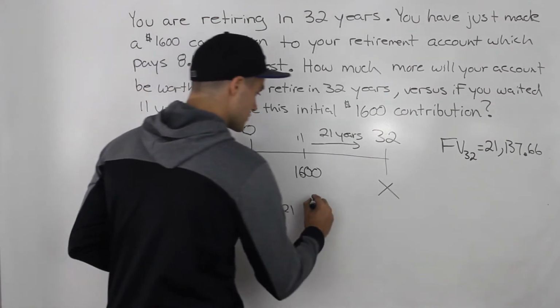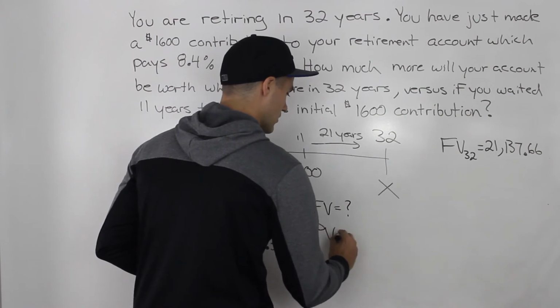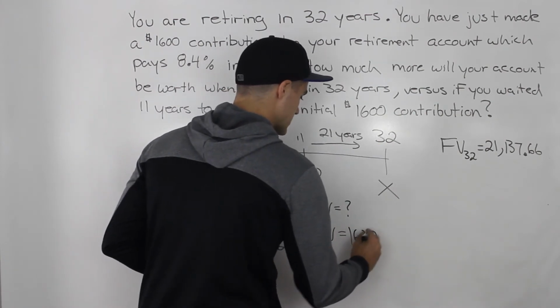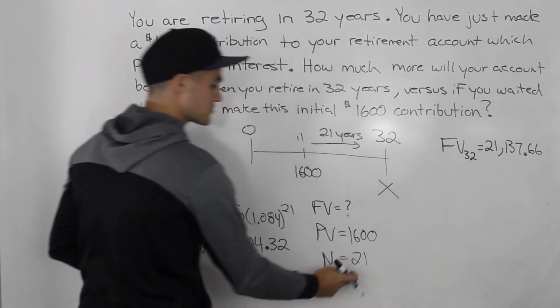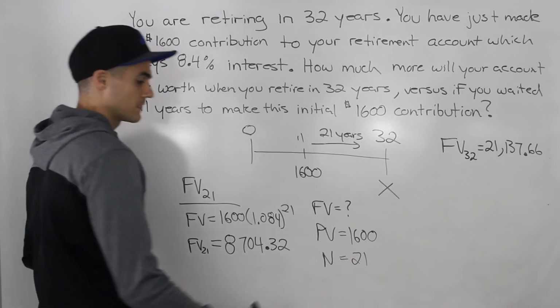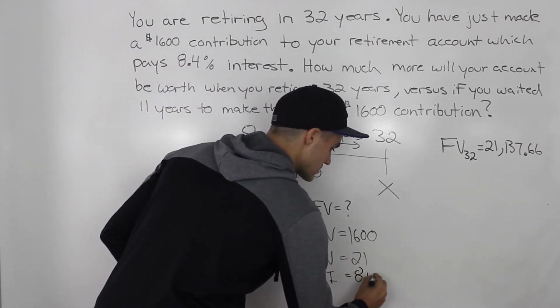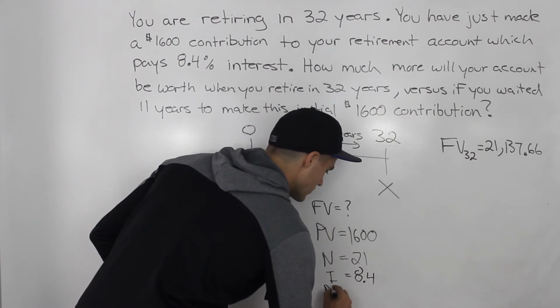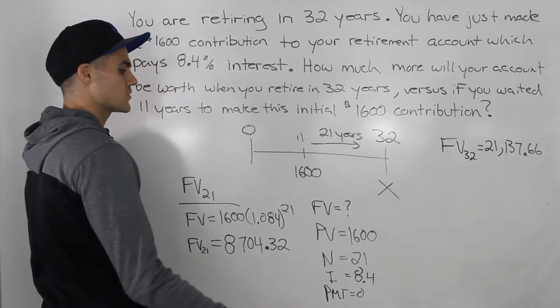Now, this is the algebraic way to do it. You can also use your financial calculator. So future value is what we're solving for. Present value, you input 1,600. Your N would now be 21 years, before it was 32. But remember, we're starting now in time 11. The I would still be 8.4. And your PMT would be 0. No other cash flows happening in between.